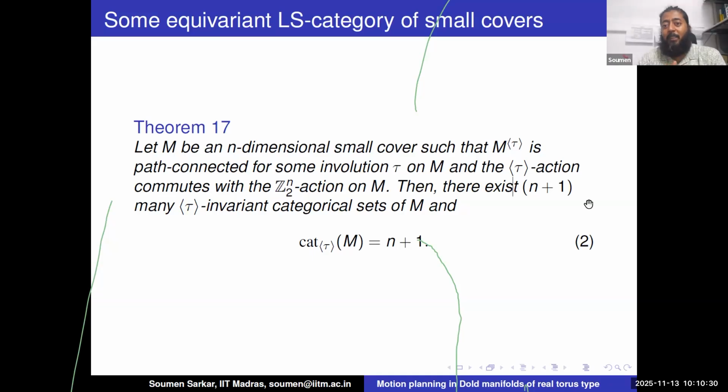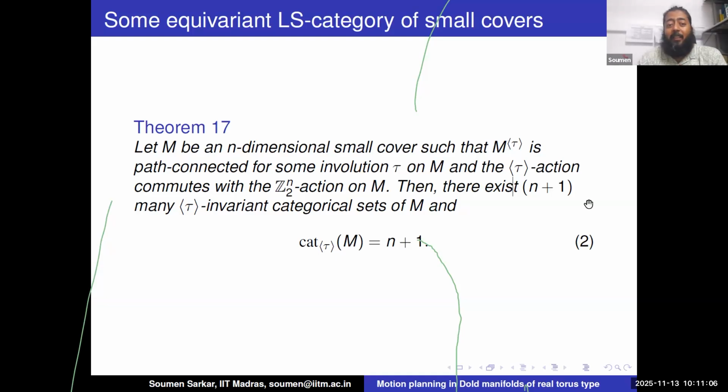So it has this universal cover, and corresponding to that, we can make the universal cover for this Bott-Dold manifold of real torus type. So we can just make it using that. Is there anything special about the universal cover? I never thought about it, but okay.